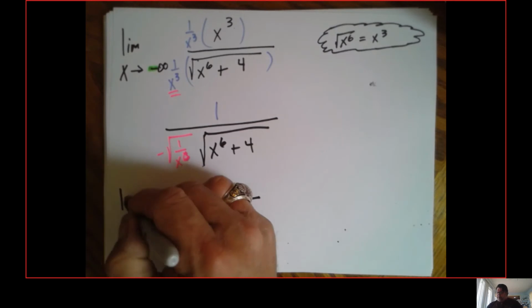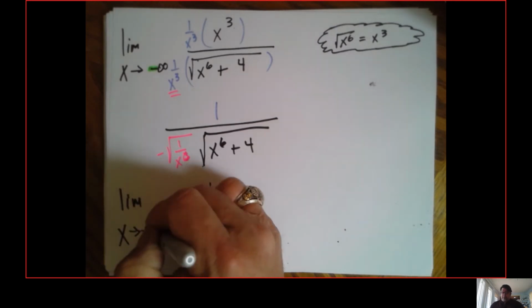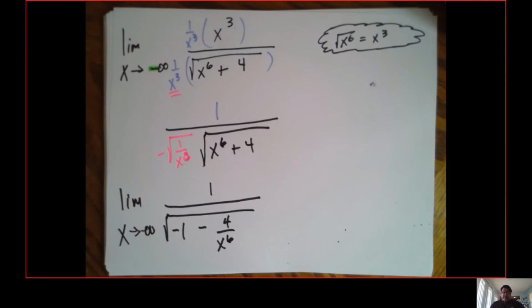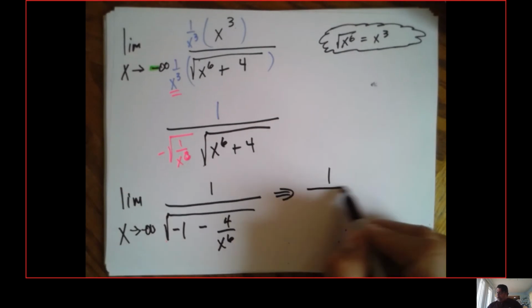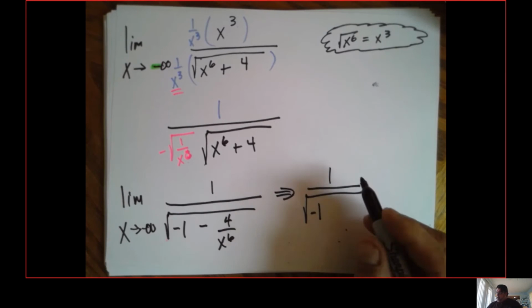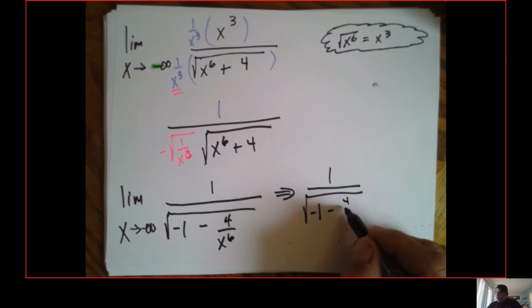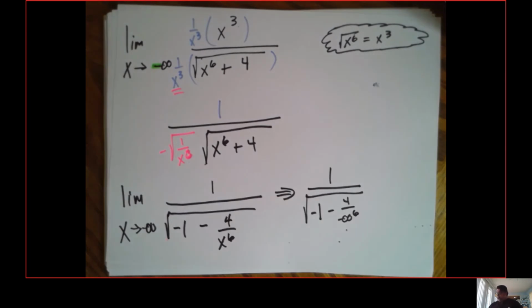Apply my limit. x approaches negative infinity. And that's going to give me 1 over the negative square root of 1 plus 4 over negative infinity to the 6th, which we know goes to 0.